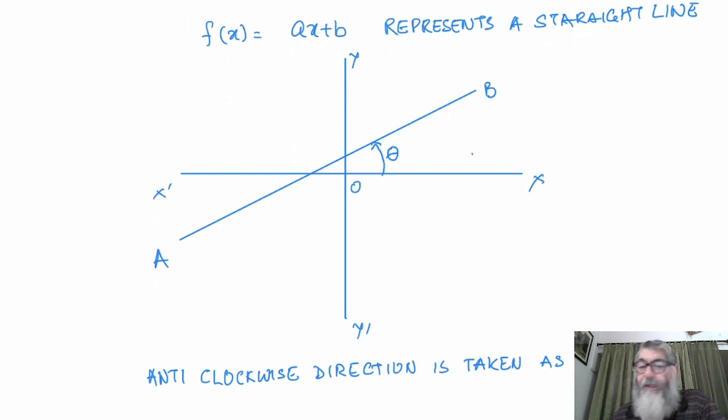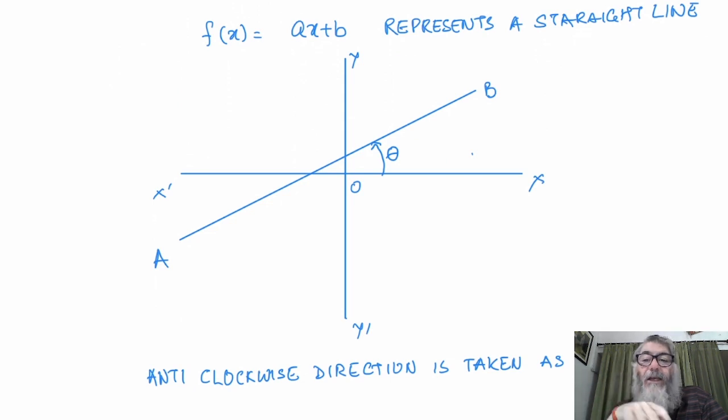It can make an angle from the other side as well, but that is from the negative side. We are not talking of the angle the line AB is making with OX dash. We are talking of OX, the line on the positive side.